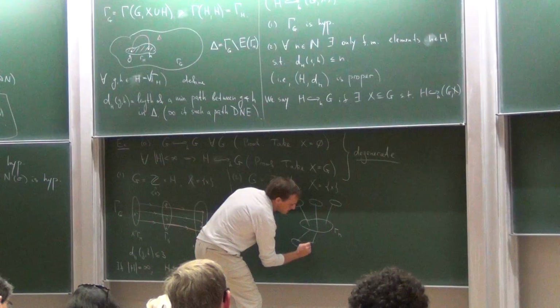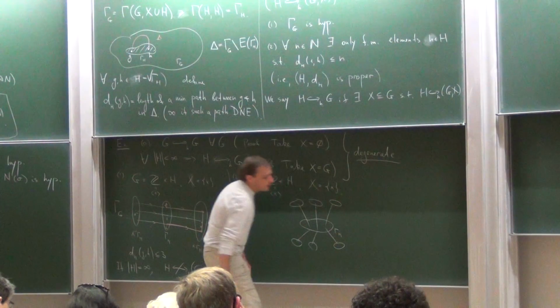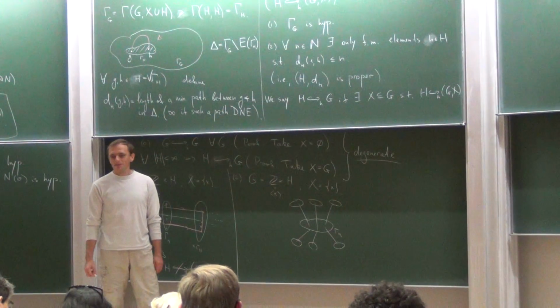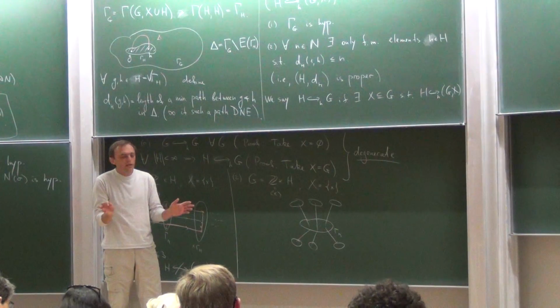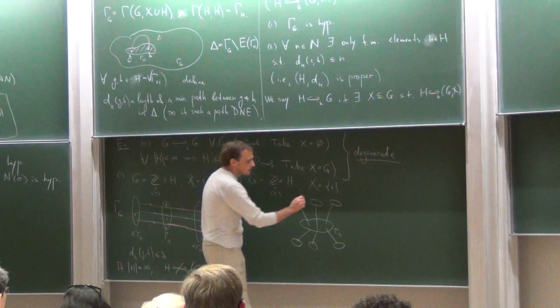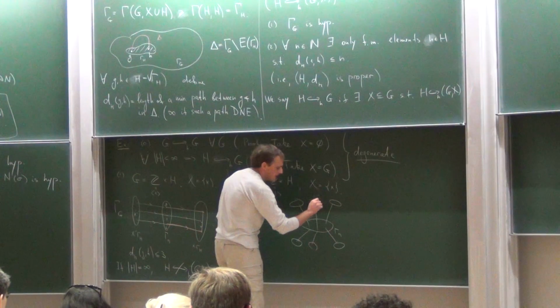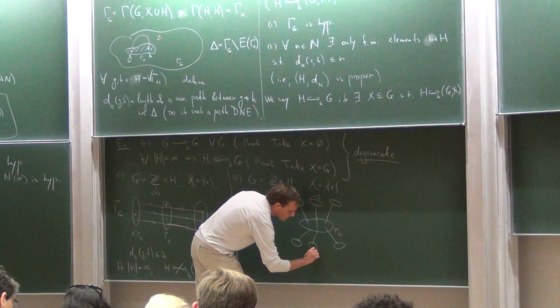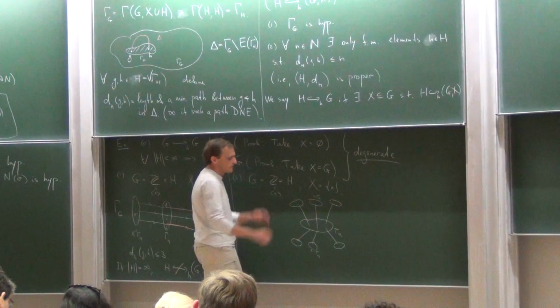It's difficult to draw it because it's not a locally finite tree. It's not even a tree. So it's like a tree, but vertices are replaced with complete graphs. So this is, say, X gamma sub H. This is X inverse gamma sub H, but there are lots of them.